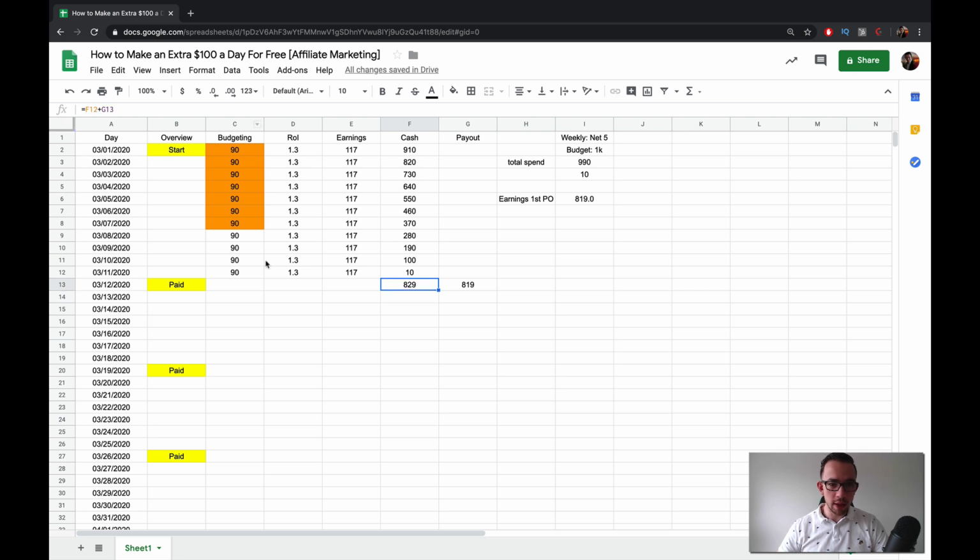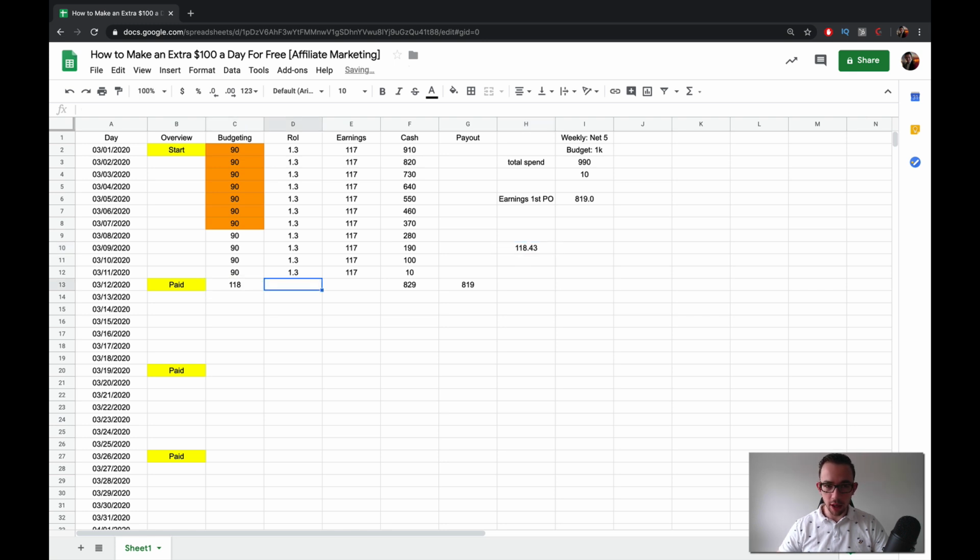The spend, therefore, which we have to bridge for 7 days, is 829 divided by 7. And you can see that we can now actually spend per day 118 instead of 90.